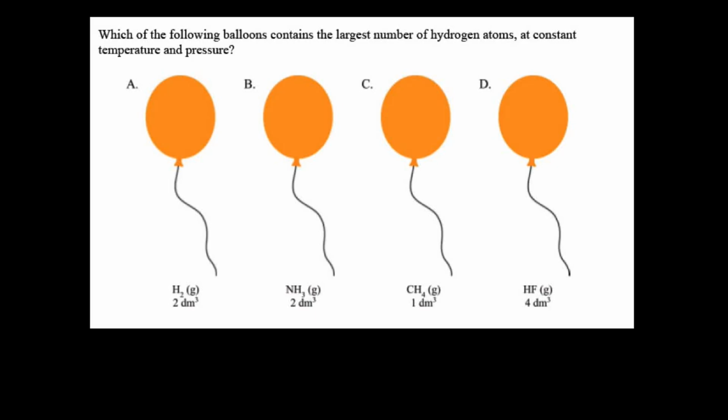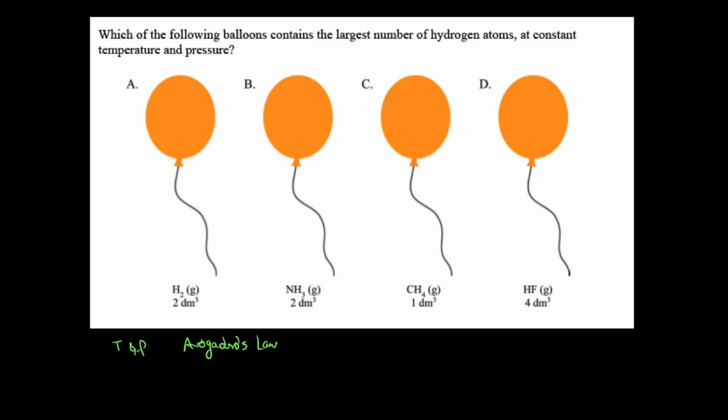Okay, so this is an interesting question. Which of the following balloons contains the largest number of hydrogen atoms at constant temperature and pressure? So temperature and pressure are constant, so it means we can apply Avogadro's law. So what is Avogadro's law?